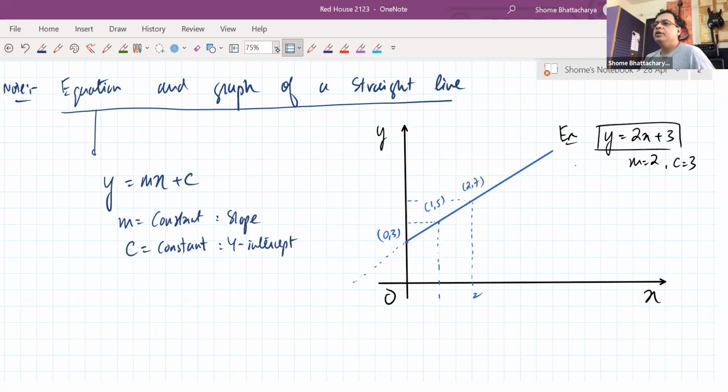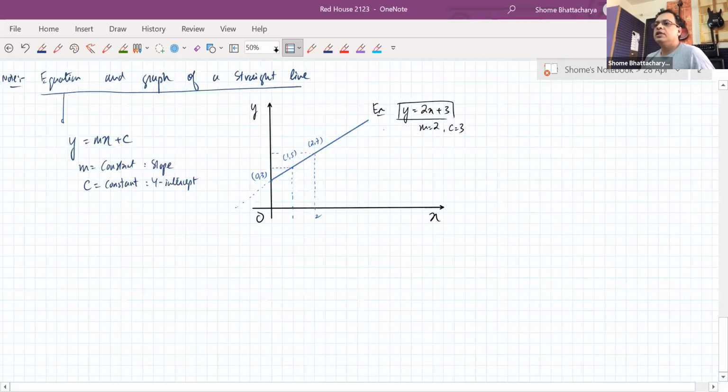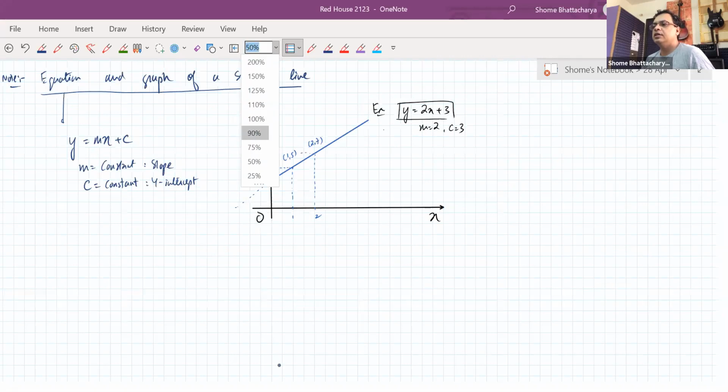Now, if you look at the trigonometry involved in this, you'll realize that y upon x is equal to tan theta.